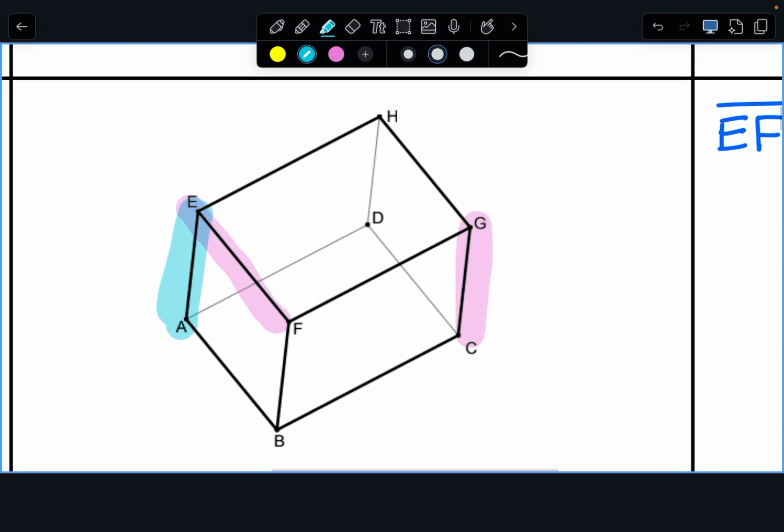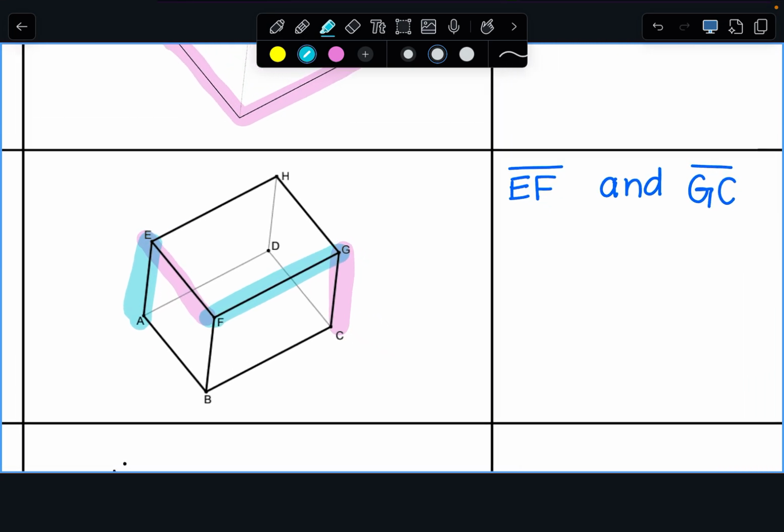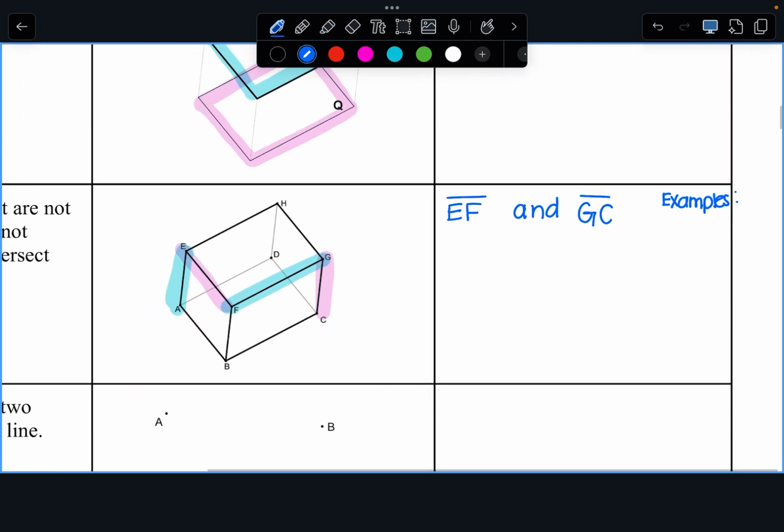Unless you were going with FG, which is this one here. FG would be one example. They don't touch and they're not parallel. So EA and FG would work. Okay, again, not parallel, don't touch, not on the same plane. Okay?